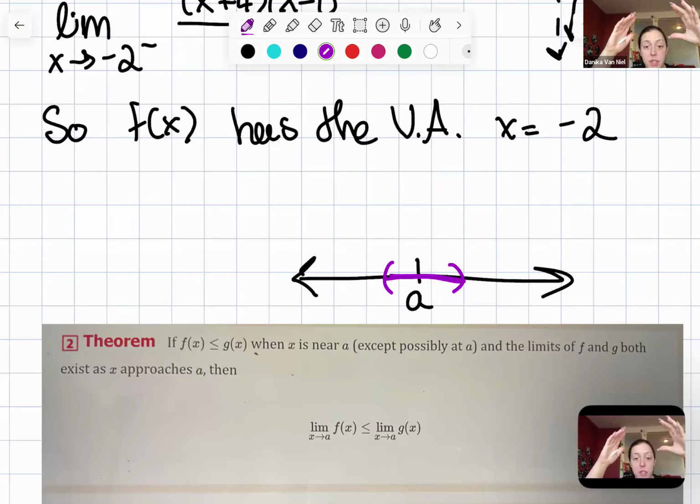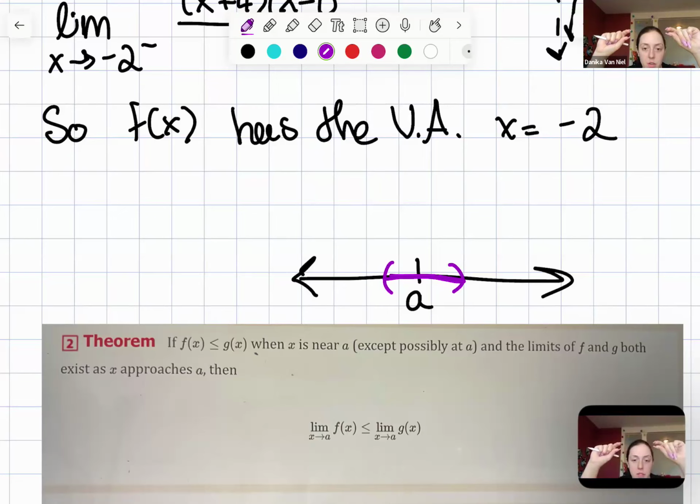f is always less than or equal to g, and their limits both exist, then as you approach a from the right and from the left, g is my index finger here and f is my thumb here, as I approach a, maybe sometimes they're equal, and maybe something weird happens right at a.